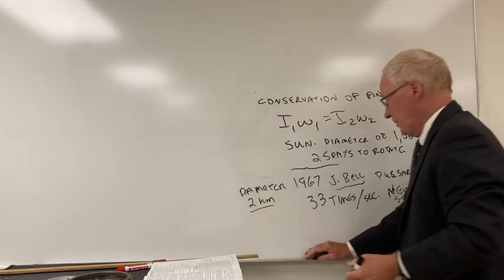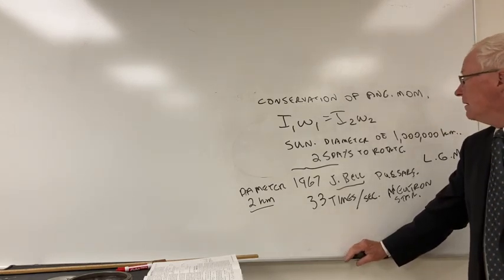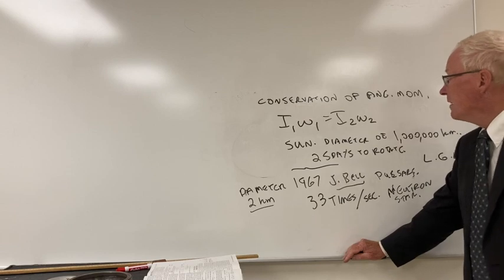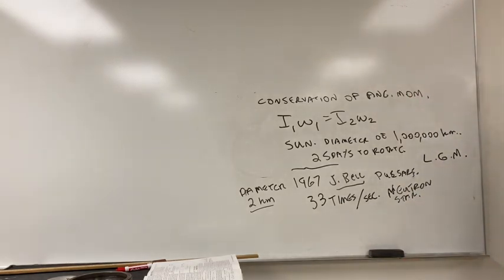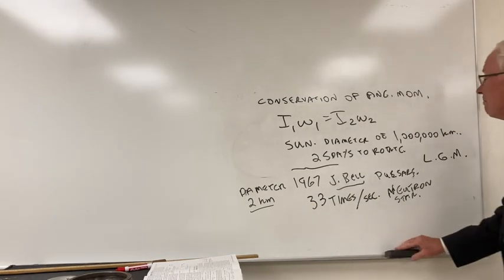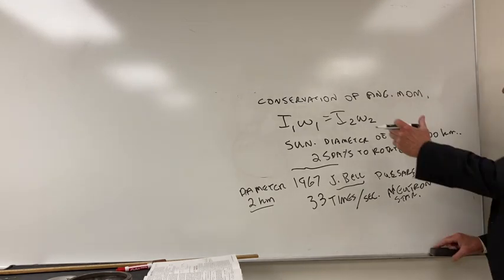So it's very, very small. I mean, it's not even the size of Lake Bemidji. So instead of 25 days, it rotates much faster because it's that much smaller. So what we're going to have then is the moment of inertia.